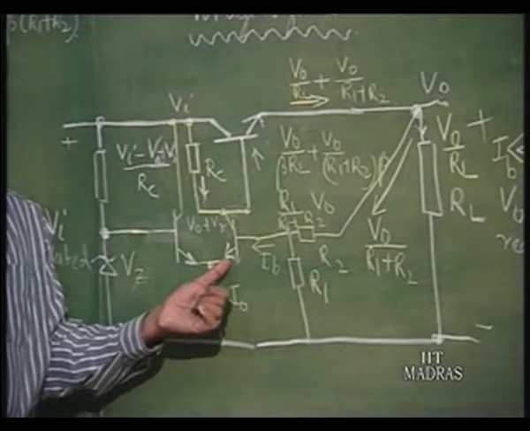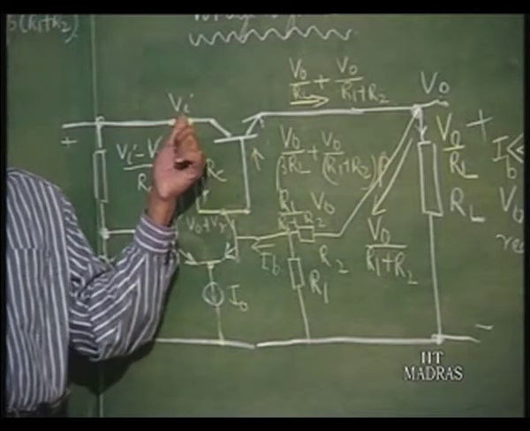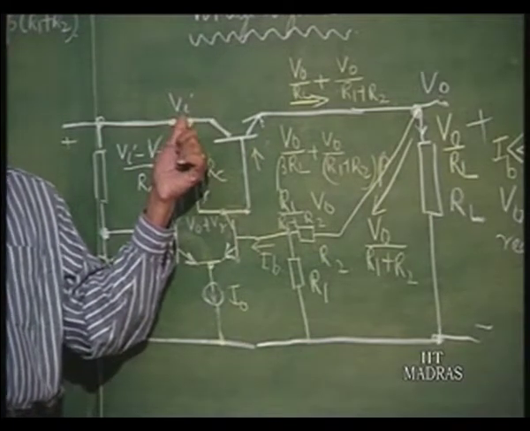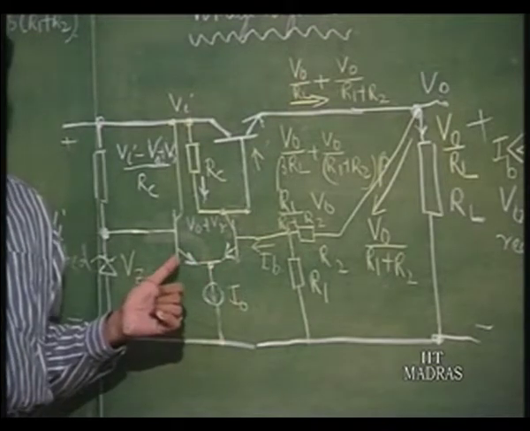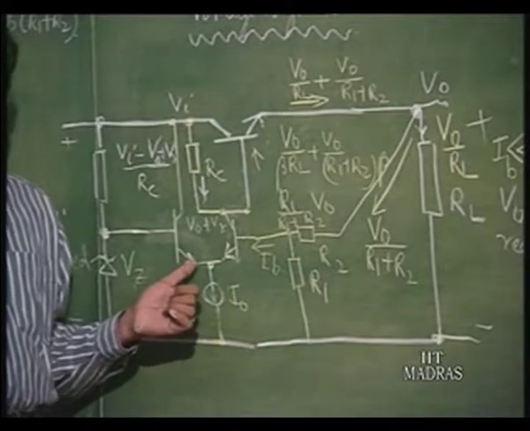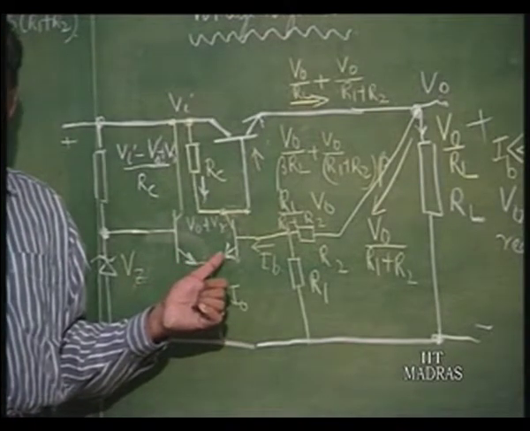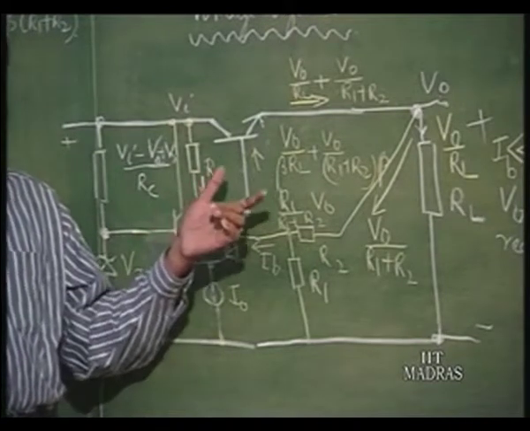That I naught by 2 division occurs only for a specific Vi situation. Otherwise, these two currents will be different and the Gm is 1 over Re1 plus Re2, and the gain is that Gm into Rc by 2.